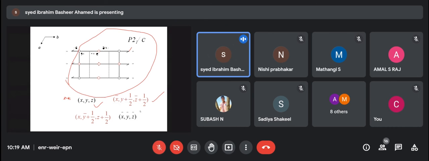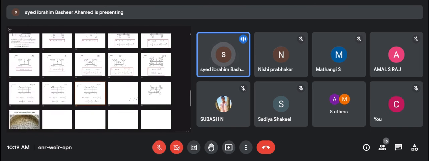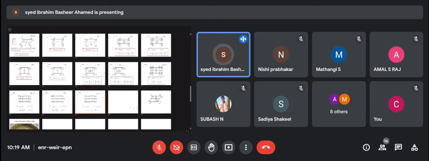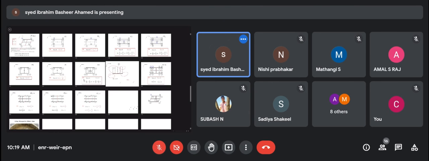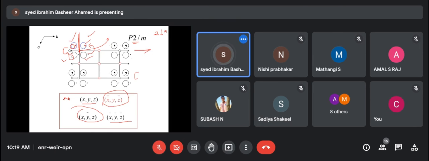For other space groups also, like P2 bar C, P2 1 bar M, and P2 bar M, all these things you have to try by yourself. Other space groups like CC, CM, PC, all these things I have worked out. You have to work out all these space groups so that you will be able to understand this.